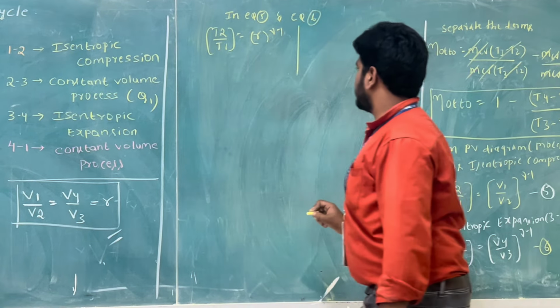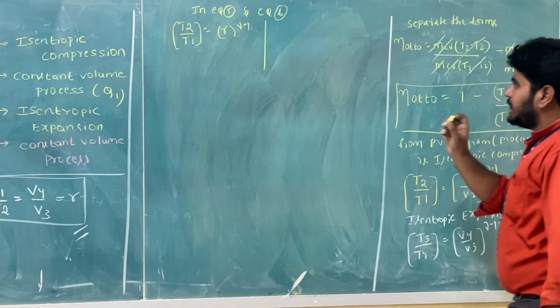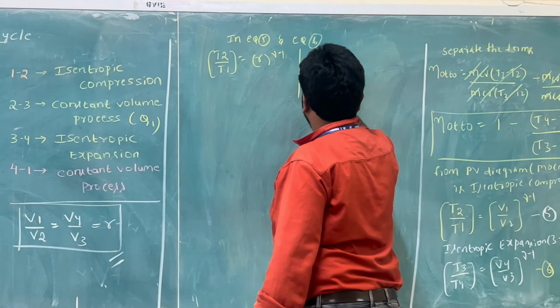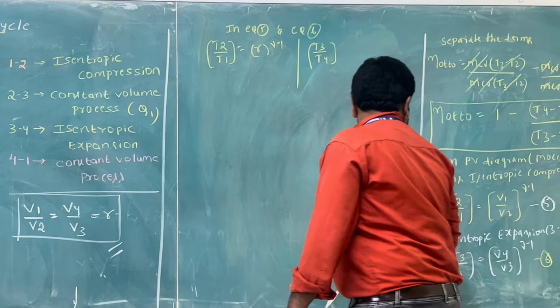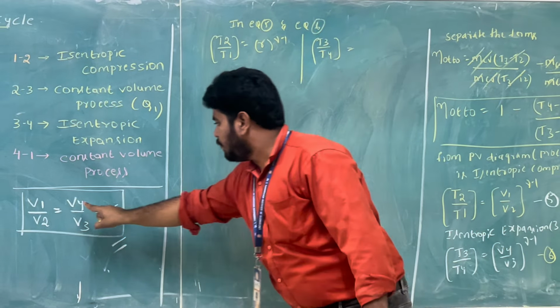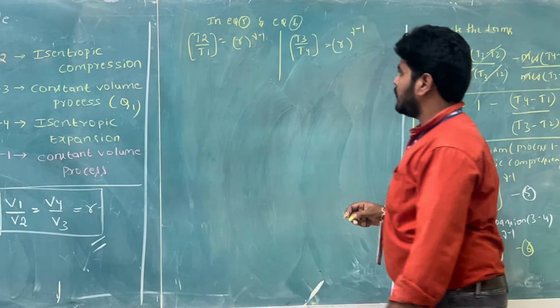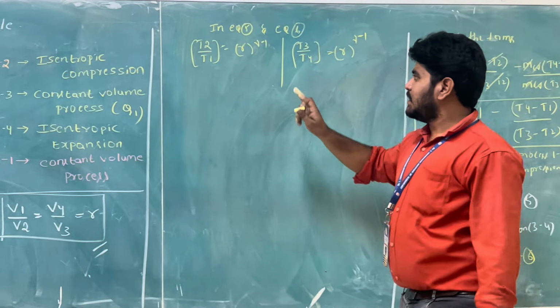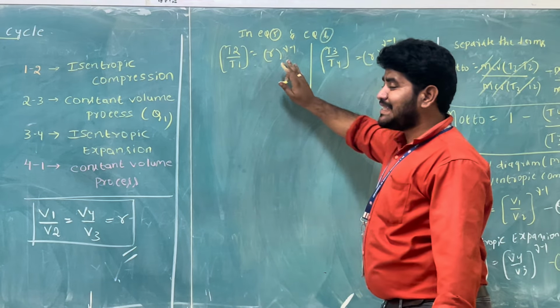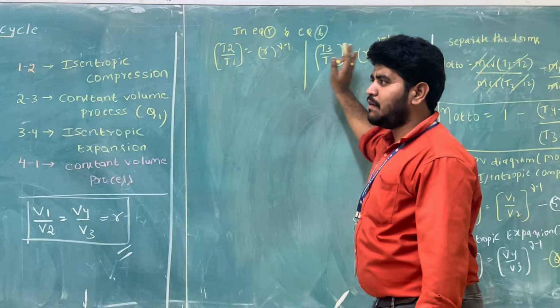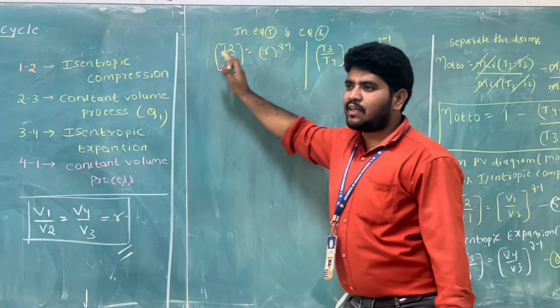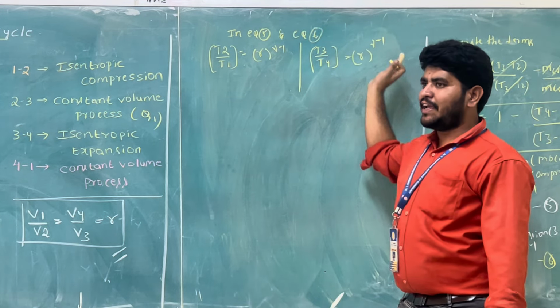Similarly, in equation number 6, T3 by T4 equals, again V4 by V3 can be written as r to the power of gamma minus 1. In these two equations, r to the power of gamma minus 1 is the same on both sides. So I can equate the other sides.